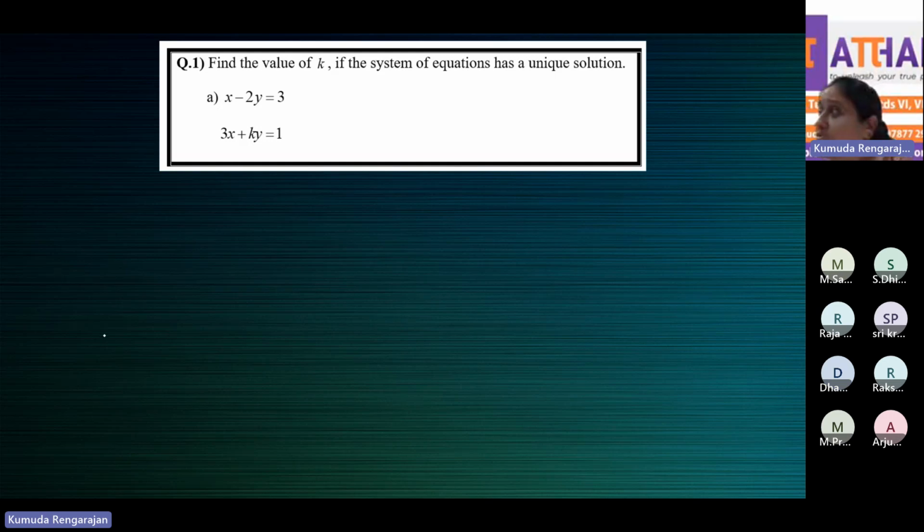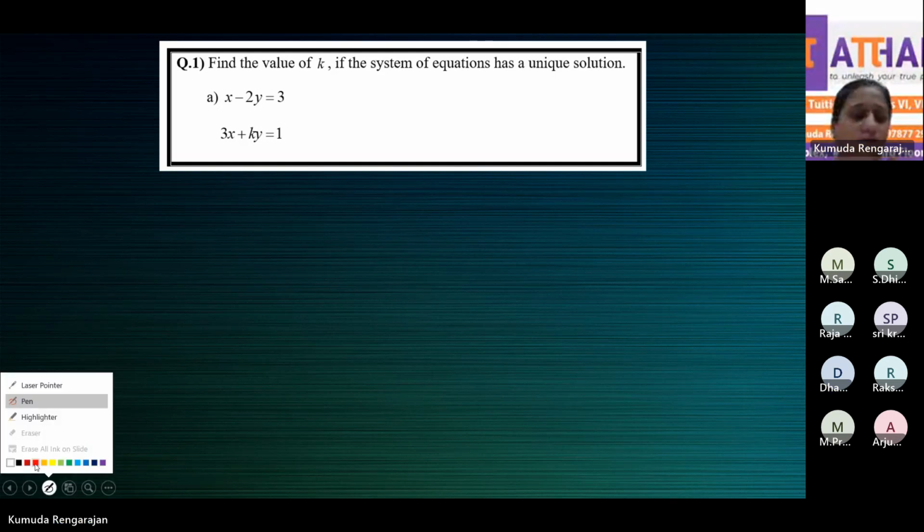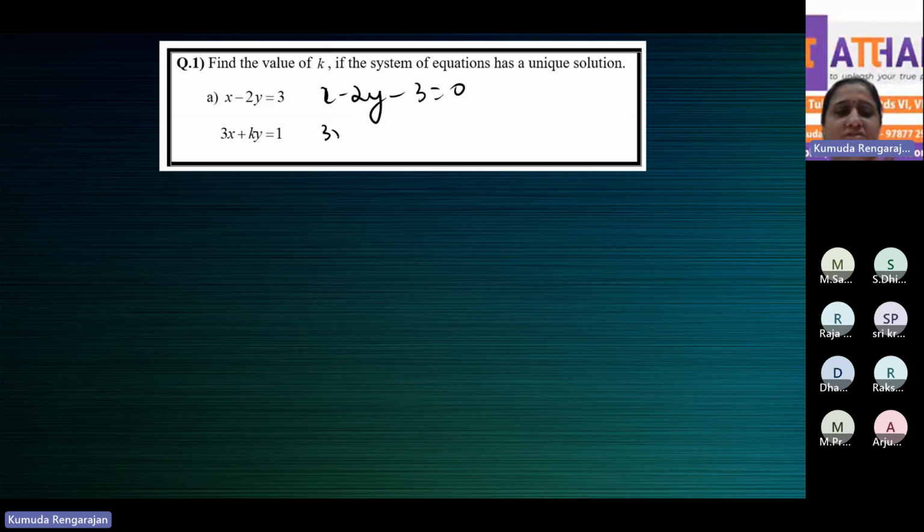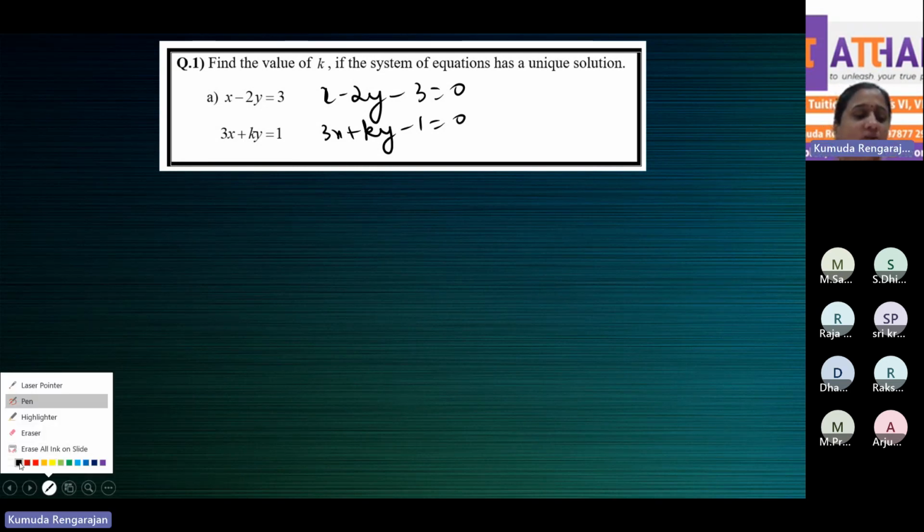We should write the equations in the standard form, always. So x minus 2y minus 3 is equal to 0, 3x plus ky minus 1 is equal to 0. Fine, children? And then write the condition, substitute, and find the value.